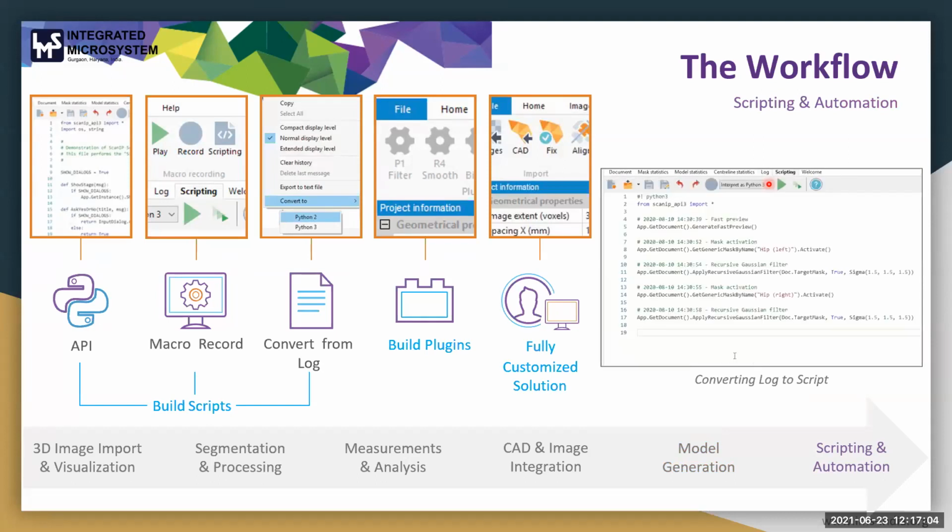So here we are converting it so that next time I don't have to go through different tools and do the image processing. I can just create a Python script and run it again and again to automate and repeat that task. So it saves our time. So scripting and automation is also a part of the workflow for medical image processing.